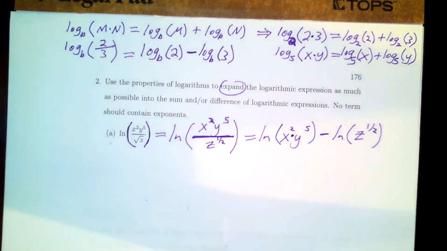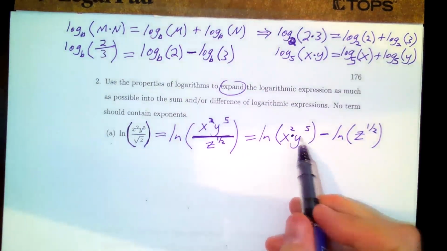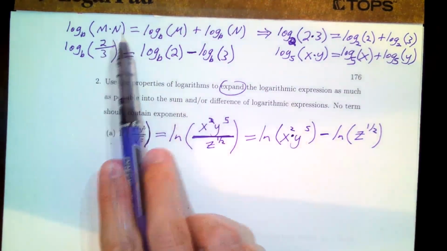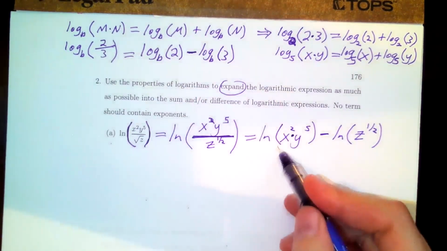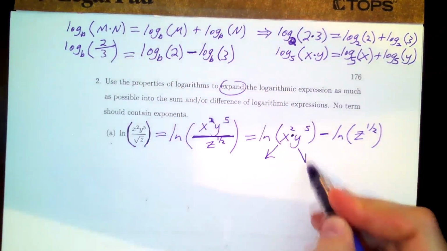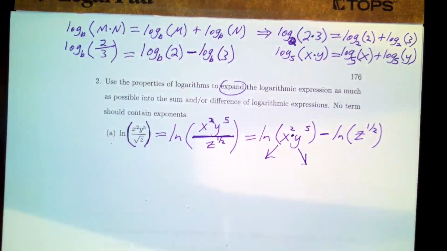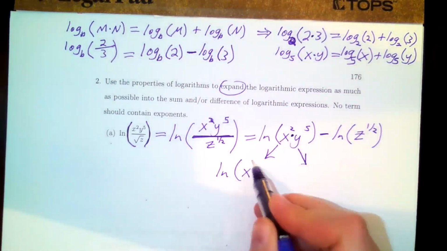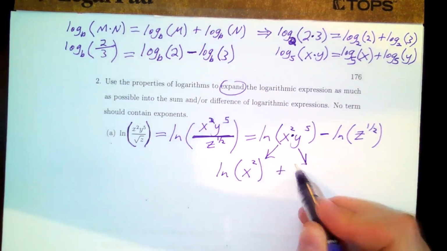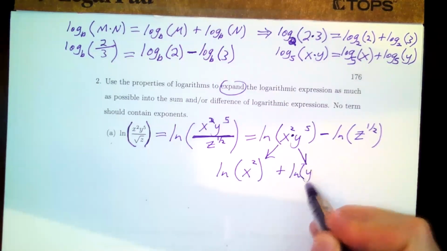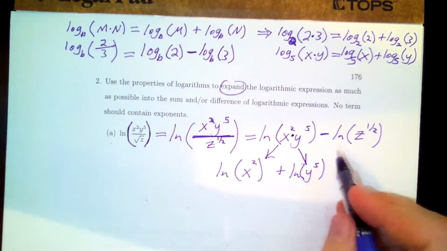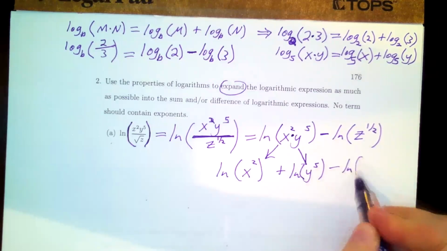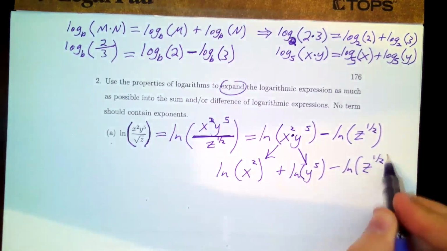I have two things multiplied in there. So according to this property, this log should split into two different logs that are added. This should be ln of the first thing multiplied, x squared, plus ln of the second thing multiplied, y to the 5th. And then this log from before gets copied down.